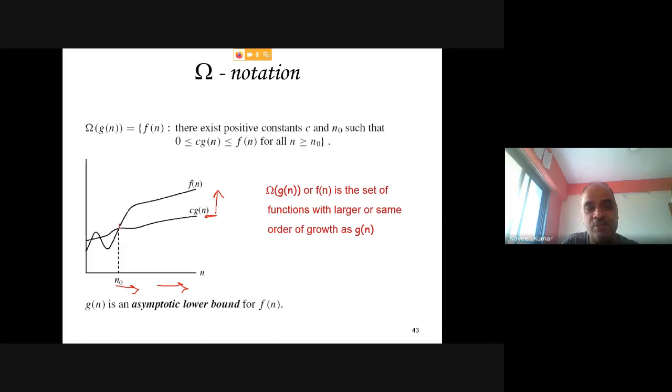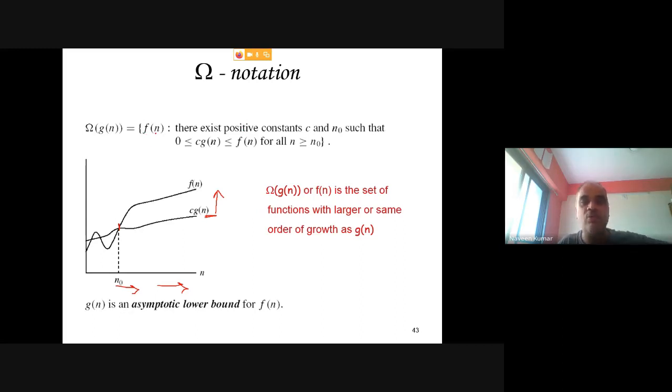After this point n0, f(n) will always be greater than c into g(n). So c into g(n) gives a lower bound. It should be better than 0, right? 0 will be a looser bound, a loose lower bound. c into g(n) will give the tight lower bound. The actual function f(n) will be greater than or equal to c into g(n), right?